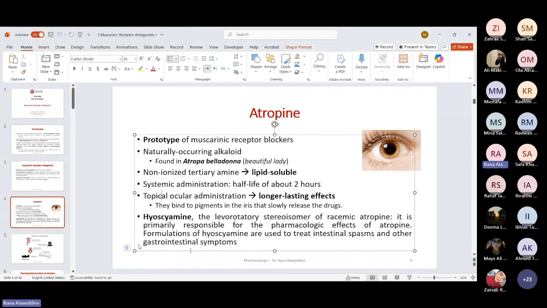Atropine itself is a racemic mixture. Are you familiar with racemic mixtures and stereoisomers and all of these? You haven't taken those in organic chemistry before?